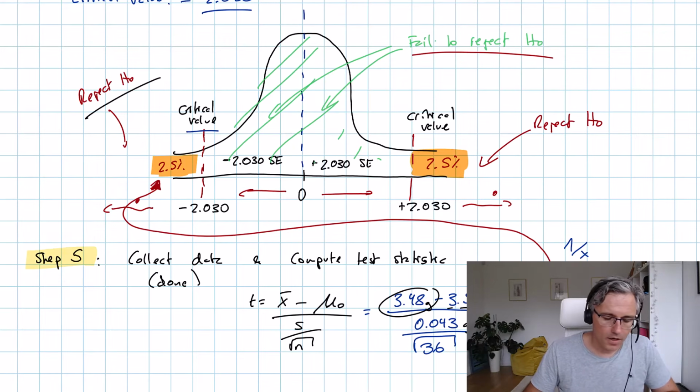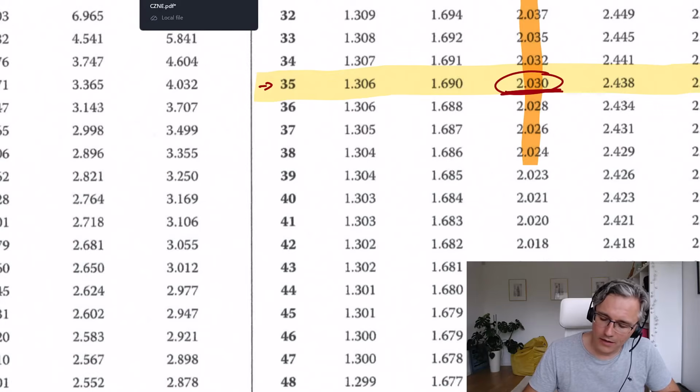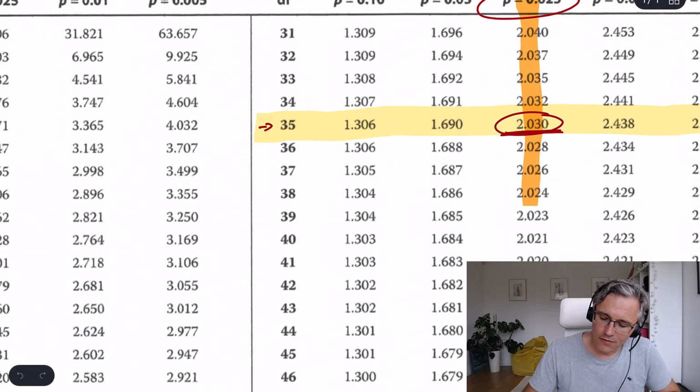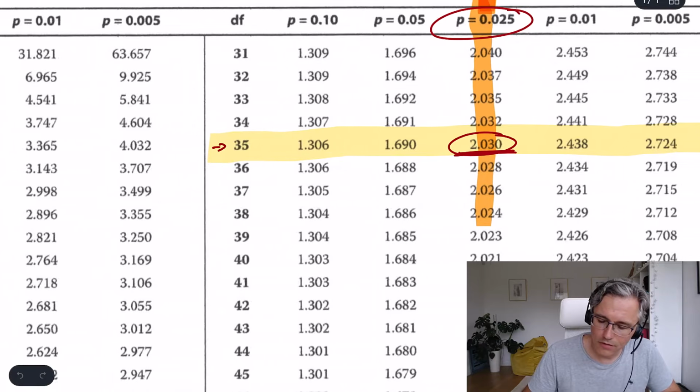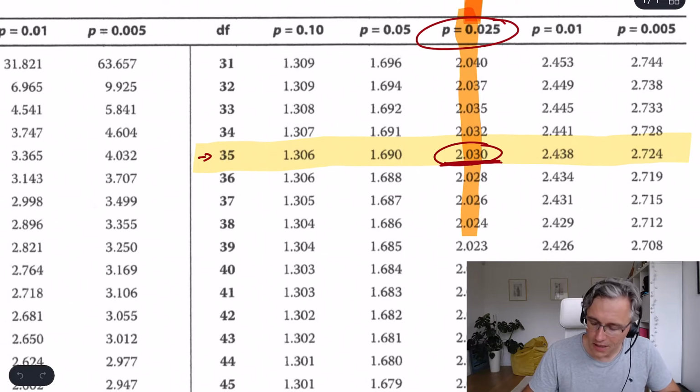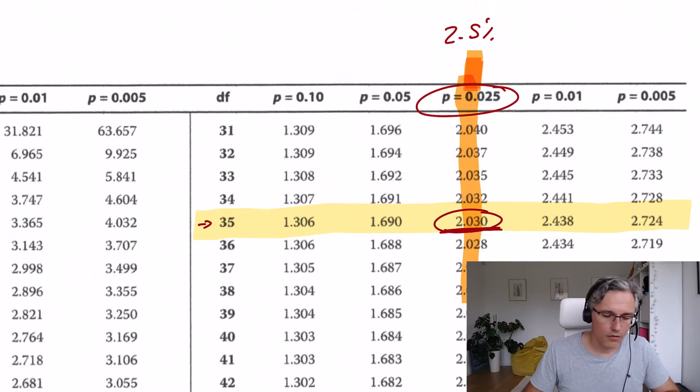Okay. Now, I want to, for a moment, go back to the statistical table and show you that we also could have rejected the null hypothesis at an even more demanding level of significance.